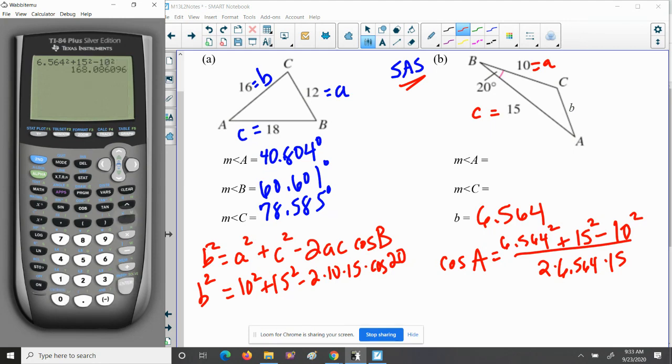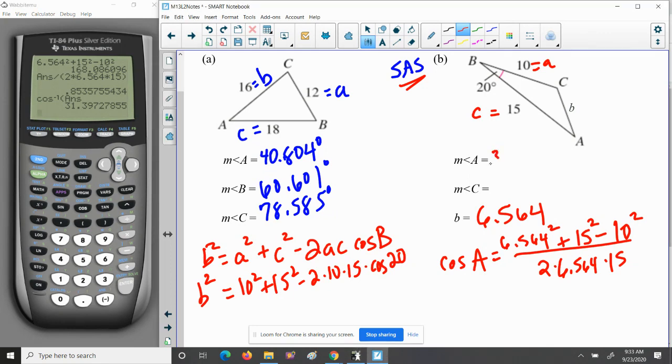I'm going to hit enter, divided by parentheses 2 times 6.564 times 15. Enter. Remember, that's the cosine, so I'm going to hit second cosine, second negative to get that answer in there, and that is 31.397 degrees. So now we know that angle A is 31.397 degrees.